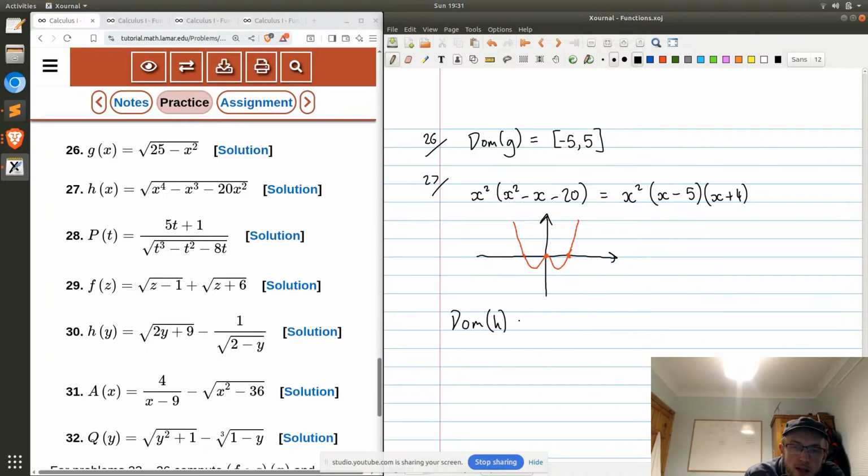All right, so I believe that the domain of H is -infinity all the way up to -4. I should really mark these on. All the way up to -4. And do you include -4? Yes.